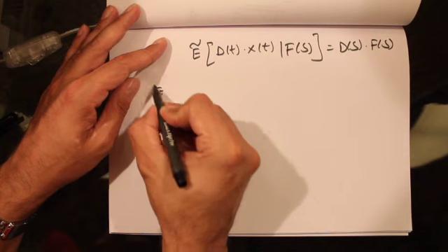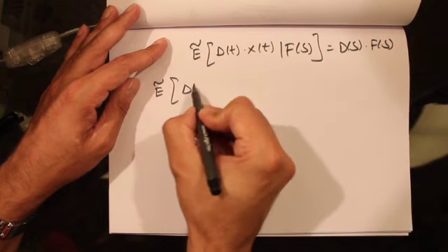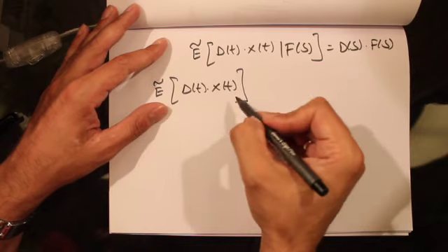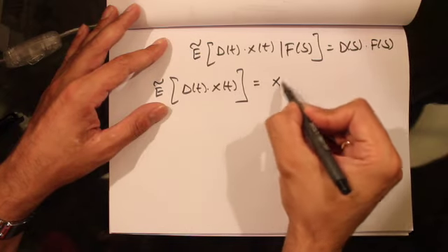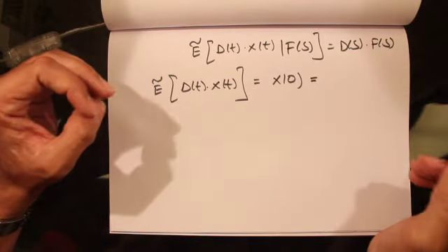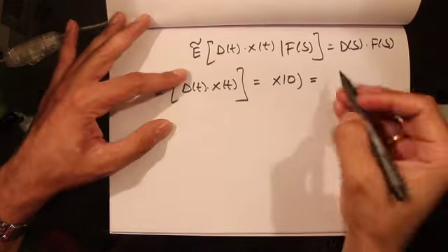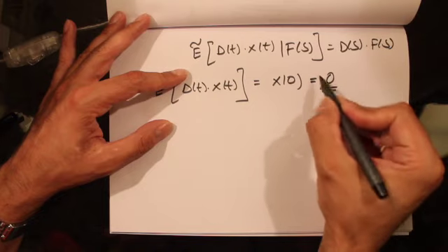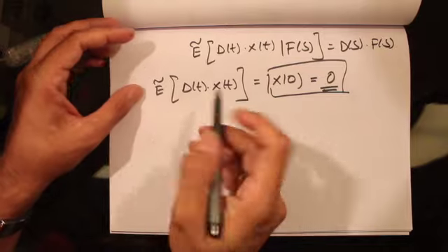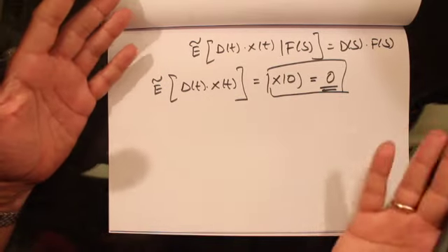From here we can see that D_t X_t given no information would be equal to X_0, and in our trading strategy we start with 0 money. So initially we start with 0 money, that's why X_0 is equal to 0. And this implies that there is no arbitrage.